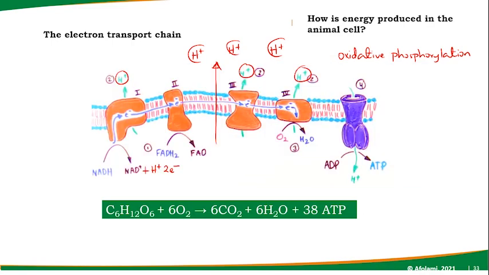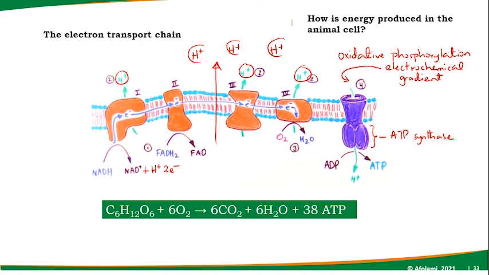As a result, there is an electrochemical gradient created, and this gradient is used as a kind of power, and this gradient powers this enzyme called ATP synthase.